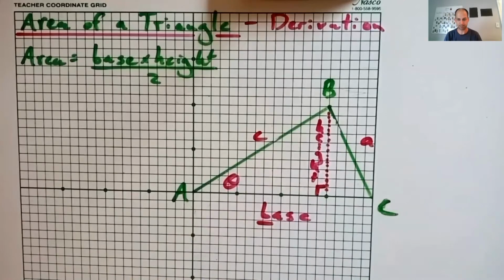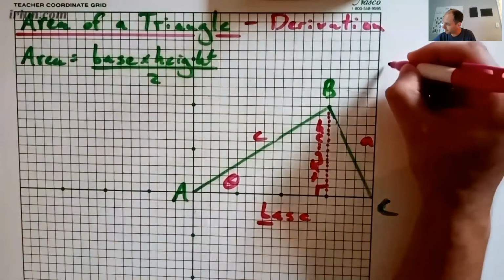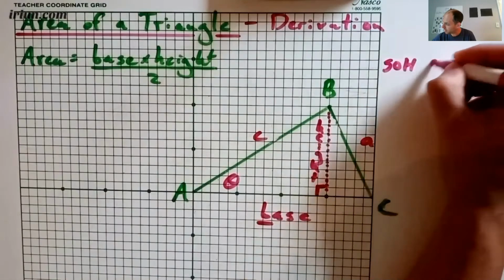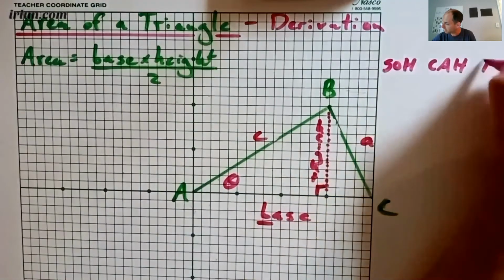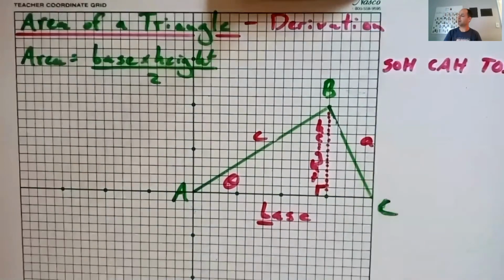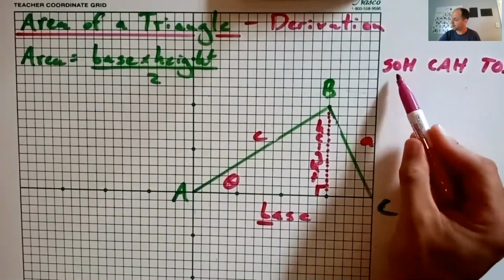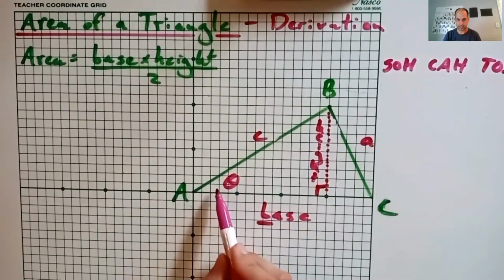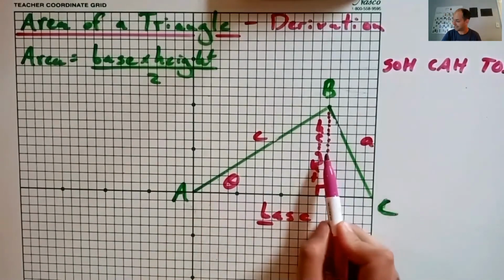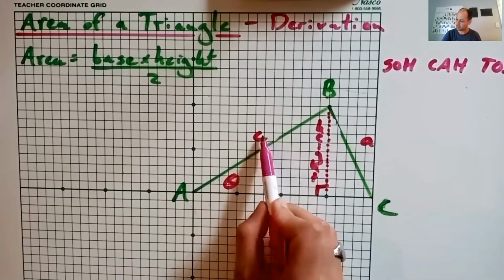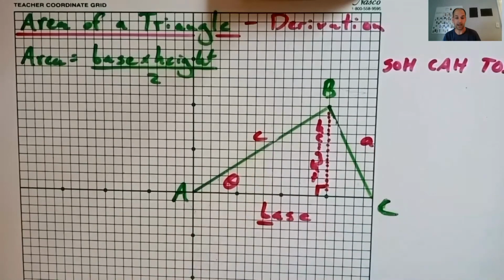this triangle is. If we consider the primary trigonometric ratios for this triangle, we have SOH CAH TOA. The sine of angle A in this case is going to be the opposite side, the height, over the hypotenuse, which is side C here.